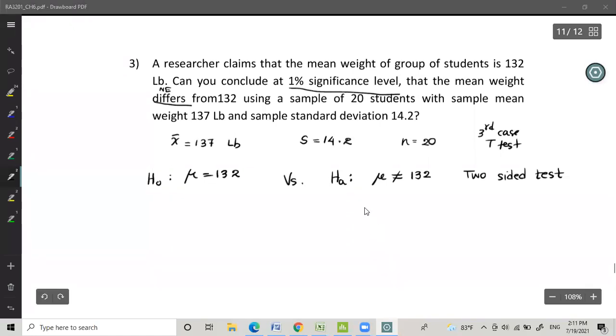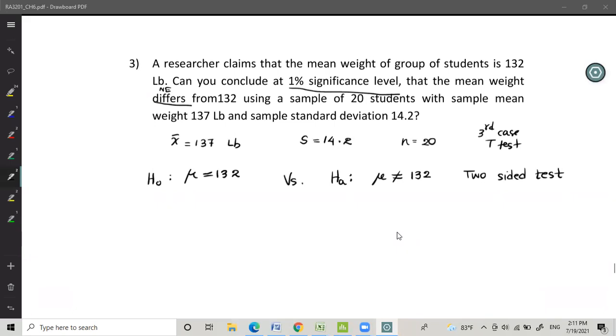So what is the rule for H0? I mentioned there's a certain speciality that you have to remember when you are writing H0. What is that? H0 always contains the equal sign. Thanks, Sahara.